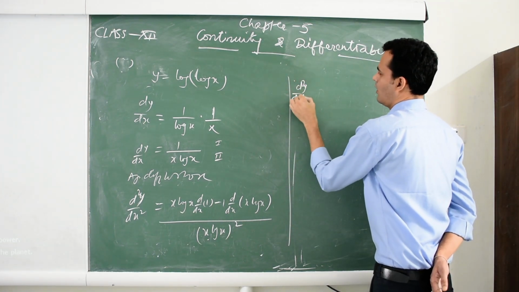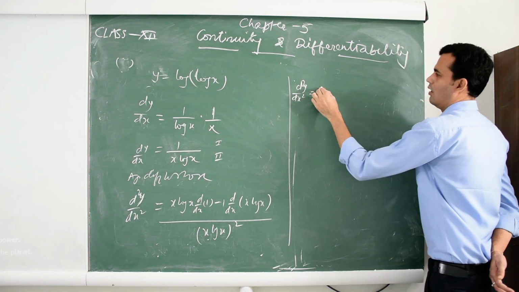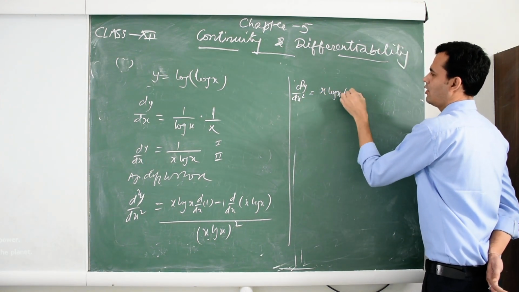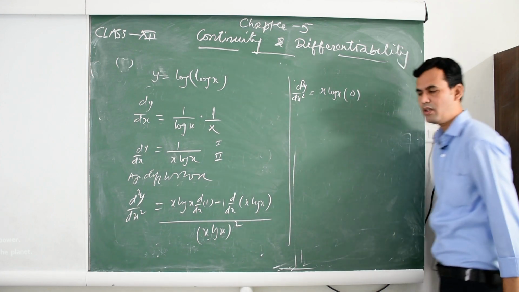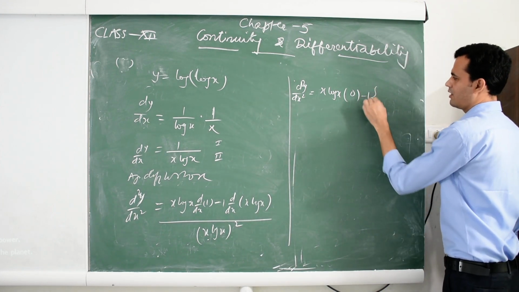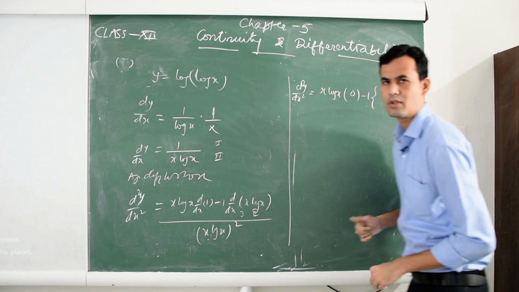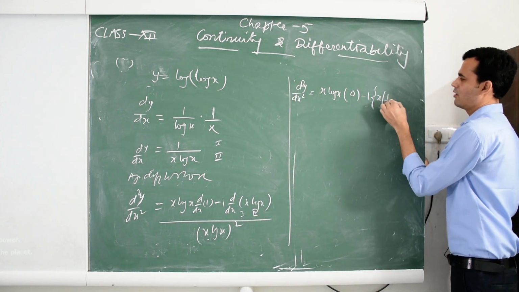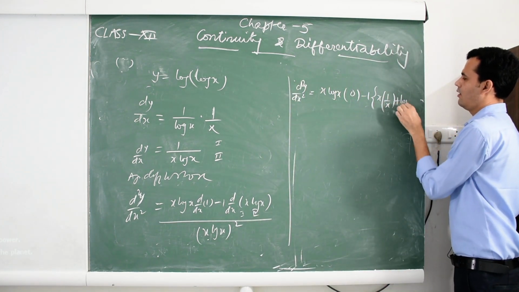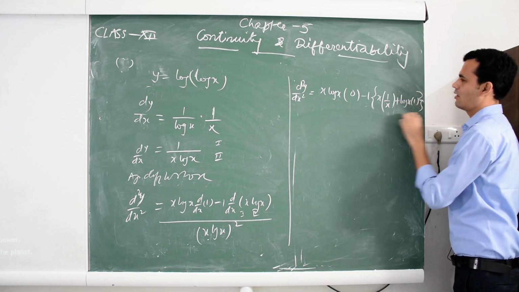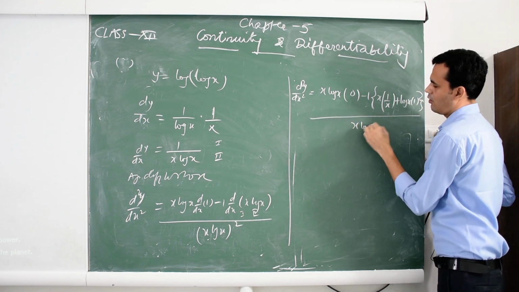d2y by dx square equals x log x into 0, differentiation of 1 is 0, minus 1 as it is, and differentiation of this 2 is first into differentiation of second plus second into differentiation of first, upon x log x whole square.